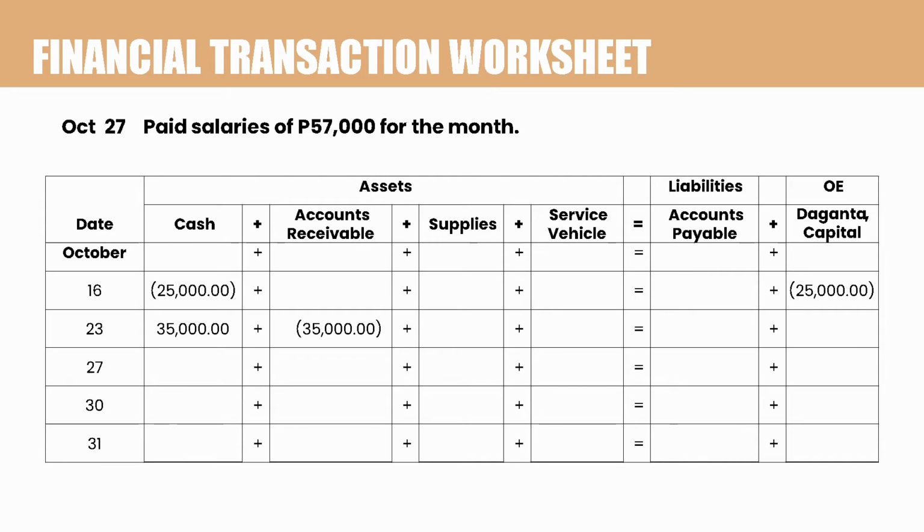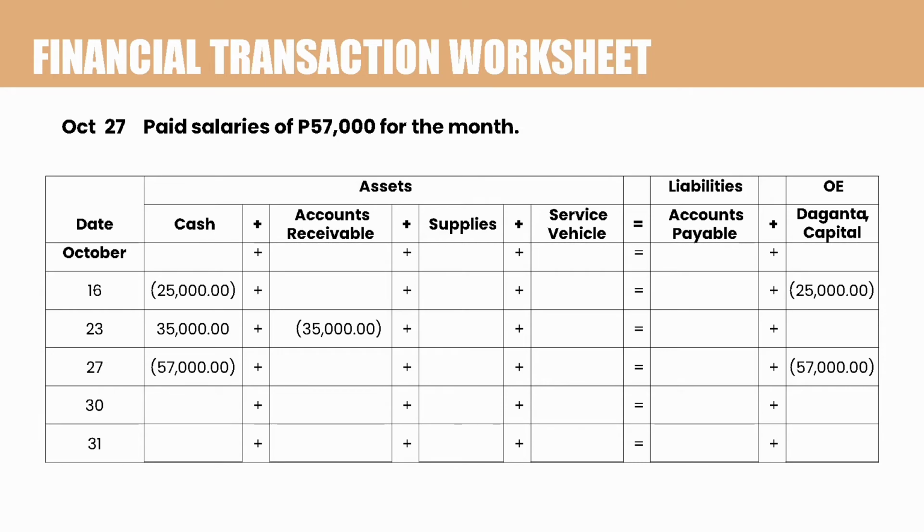October 27. Paid salaries of 57,000 for the month. So, nagbayad daw tayo ng salaries for our employees. So, we have here 57,000 na bawas sa ating cash and 57,000 din na bawas sa ating owner's equity. Okay?